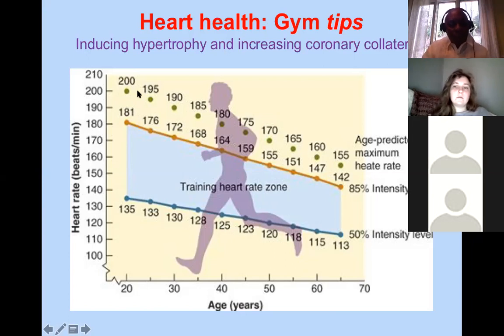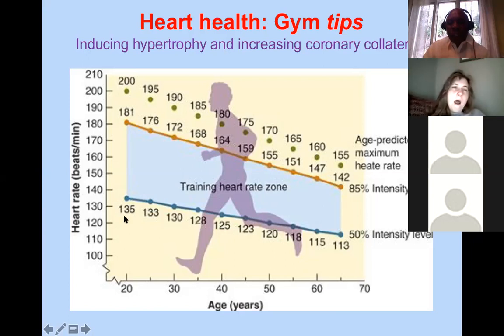So you guys, most of you are on this side, okay? So most of you are probably 20 years. So your 50% intensity then is 135 beats per minute.